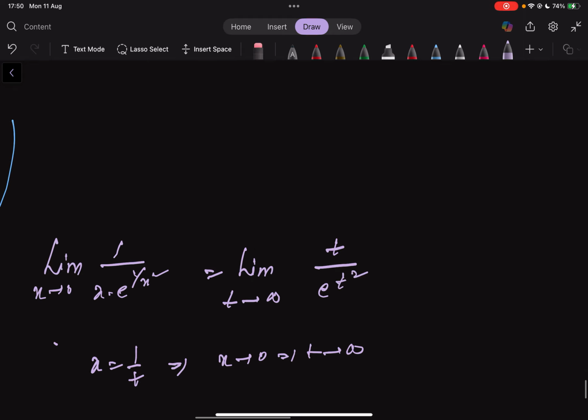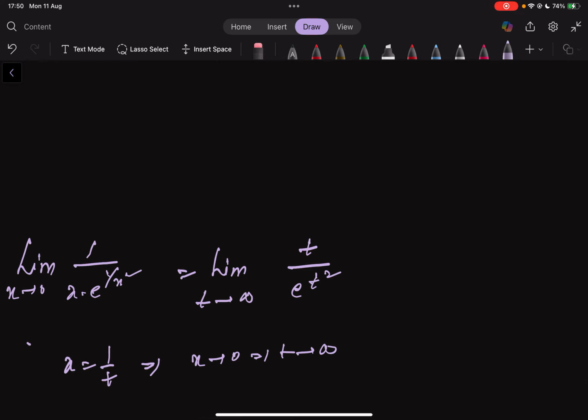Now at any point of time, e to the power t square grows very fast when compared to t. At infinity both will be infinity, but the denominator is much higher than the numerator.